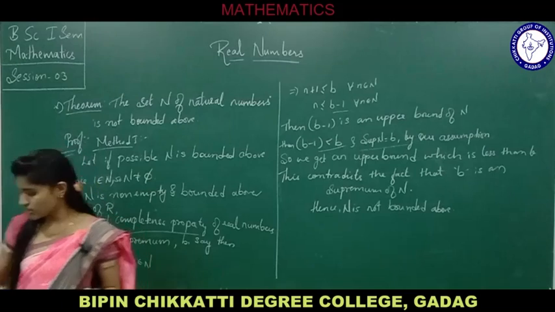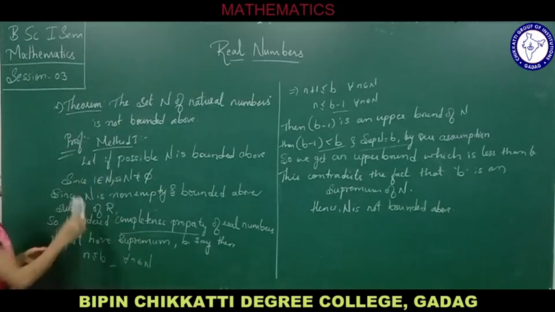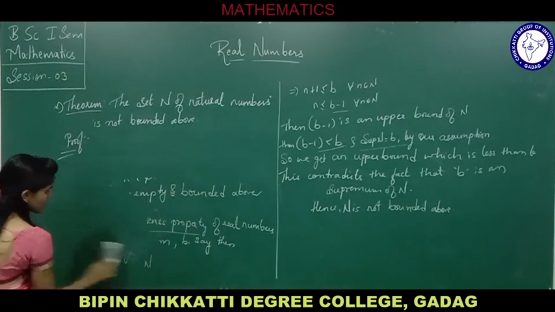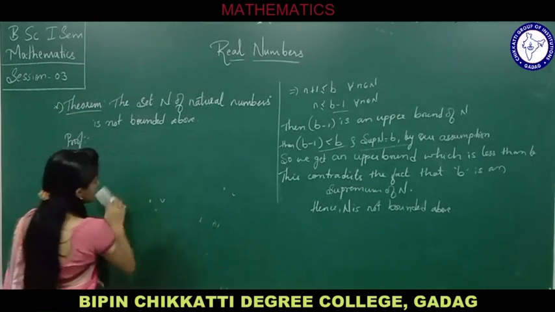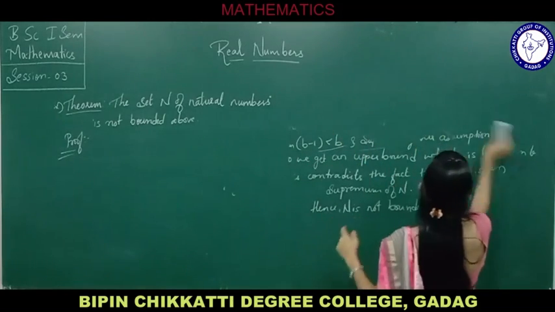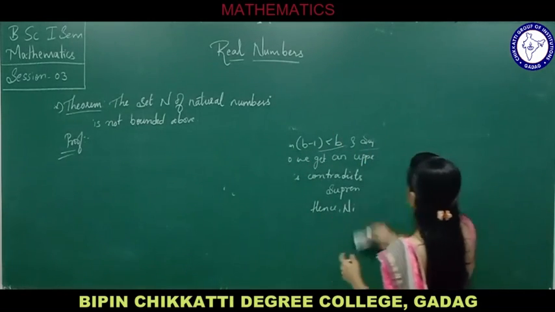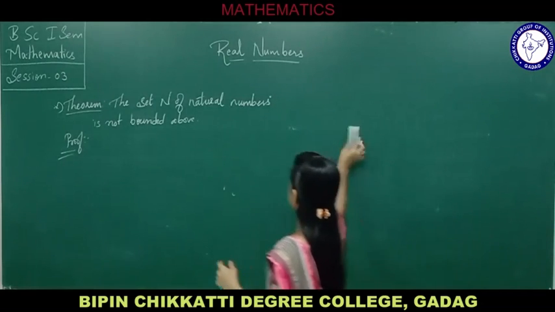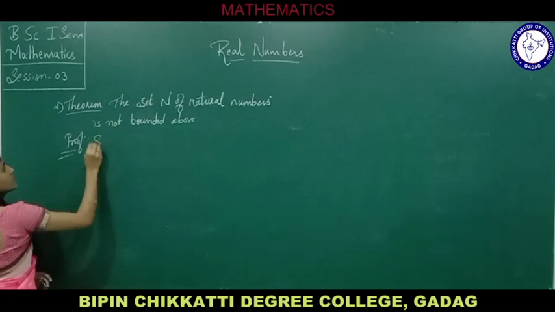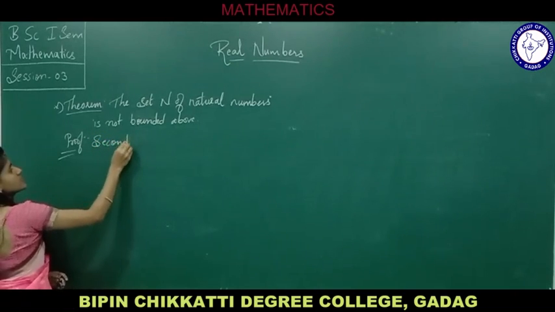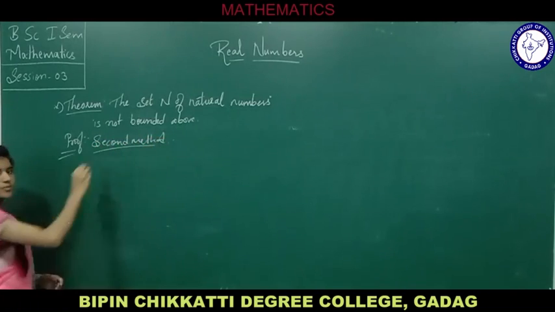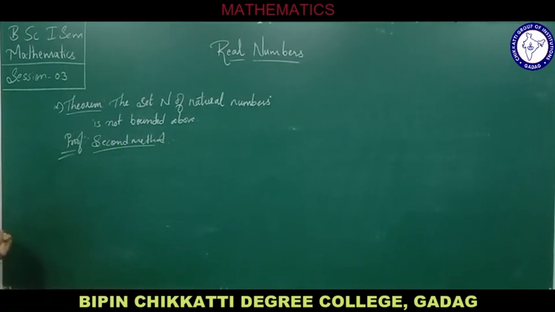Now let us look at this proof by the second method. The same theorem, we have one more proof. Let us start proving it by the Archimedean property. Second method: by the Archimedean property of real numbers, we are going to prove that.